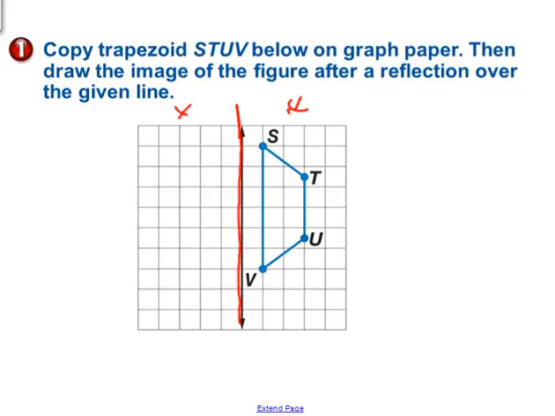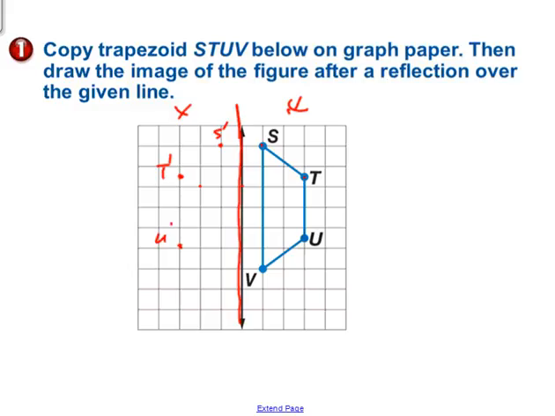I'm going to move S the same number of units away from the axis of symmetry and call that S prime. I'm going to move T 1, 2, 3 units. So T prime would be right there. 1, 2, 3 units again for U prime.